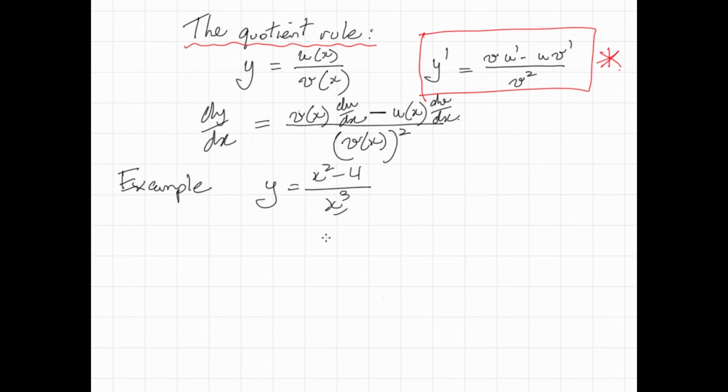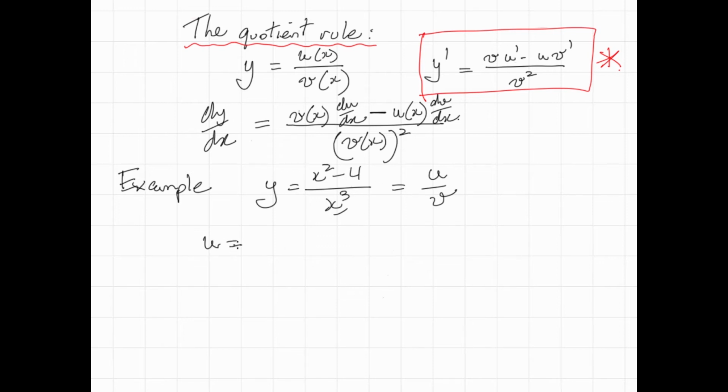Certainly, as it stands, it's not a product, and as I said before, you can't just find the derivative of that and the derivative of that and write your answer down. So we identify our function, so that is u over v. It's good communication to actually say what you're making u, what you're making v.